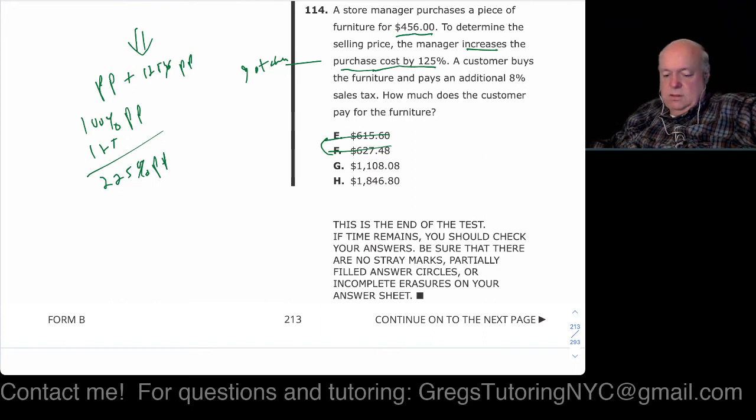All right, so what we need to do is actually do that computation. I don't really want to do 225 times 456, but what I can do is take the 456, and let me change the color of the pen so that we're clear what I'm doing. So I'm going to get 2 1/4 by, first of all, doubling the 456.